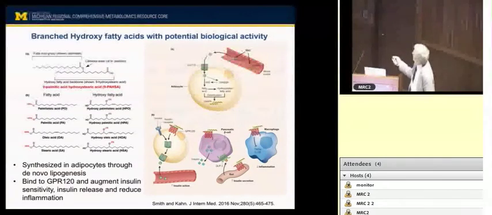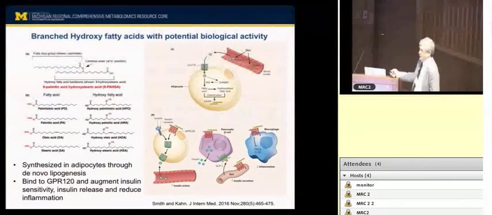So there's a hydroxy group at the 9 position that can now be esterified to another fatty acid. And what they've shown is that these fatty acids can activate G-protein coupled receptors and have a biological activity. So changing how insulin signals, changing how beta cells release insulin, changing how much inflammation occurs.